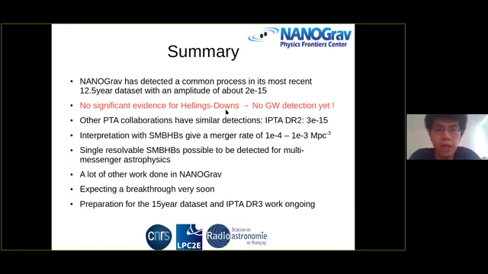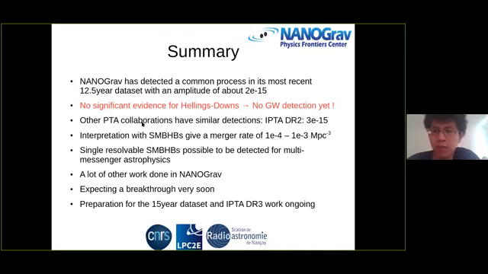So just to have a summary, we've seen an amplitude of a common process of about 2 × 10⁻¹⁵. There's no significant evidence for Hellings-Downs, so it's not a gravitational wave detection yet. We compared it to other PTA collaborations, which give a similar detection at a similar amplitude. The IPTA has an amplitude of 3 × 10⁻¹⁵.